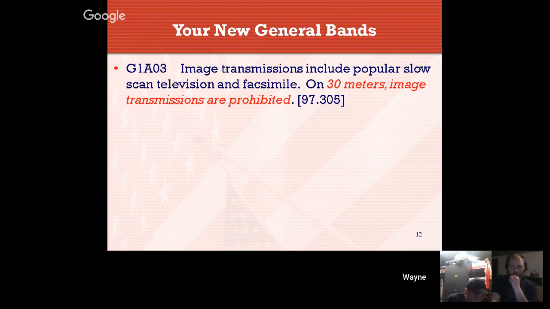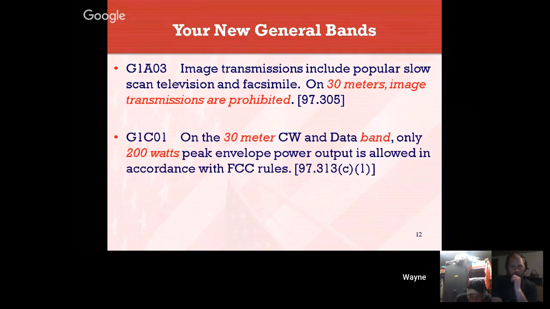It's also a very small segment, and you don't want to splatter your signal across the entire band. So those are prohibited. On 30 meters, CW and data only, 200 watts peak envelope power output is allowed in accordance with the FCC rules 97.313, paragraph C, subsection 1.